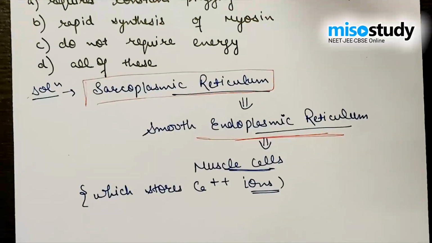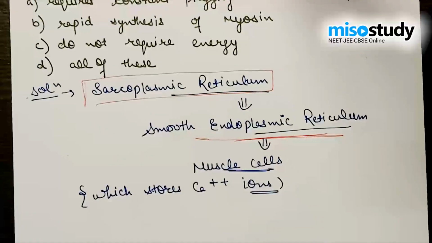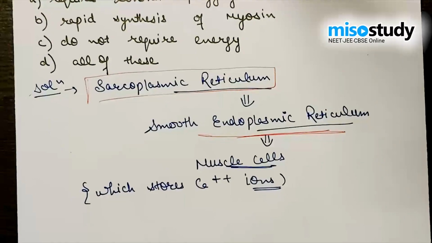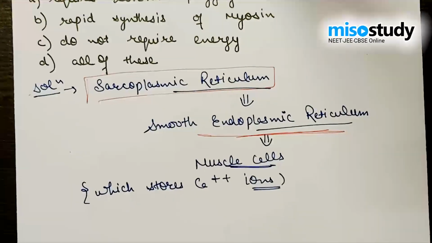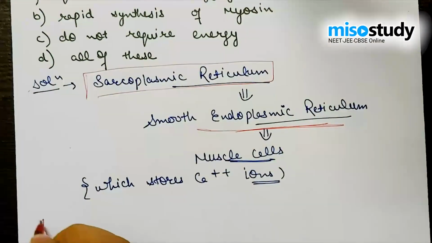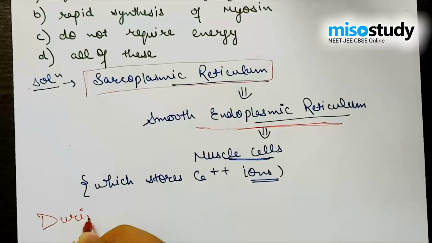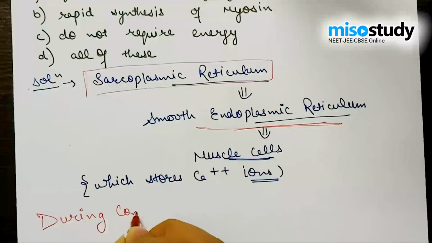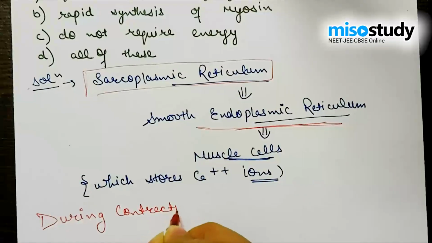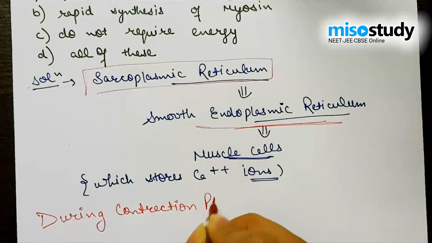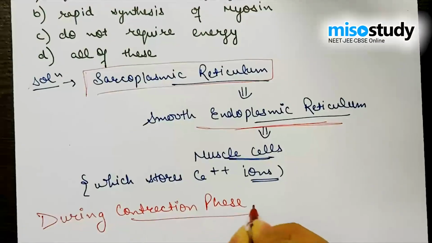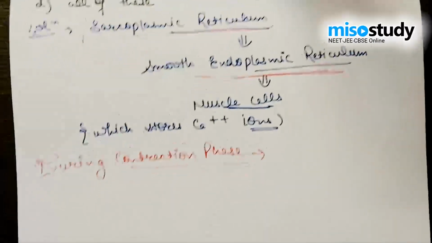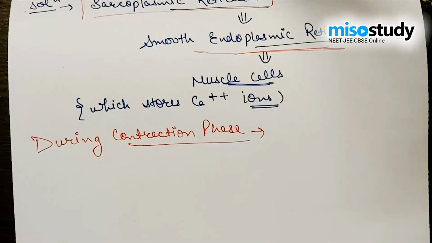The sarcoplasmic reticulum operates in two phases: first a contraction phase and next a relaxation phase, both following one another. First we discuss the contraction phase.